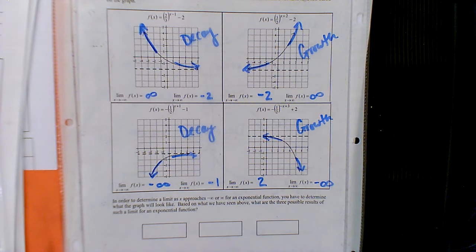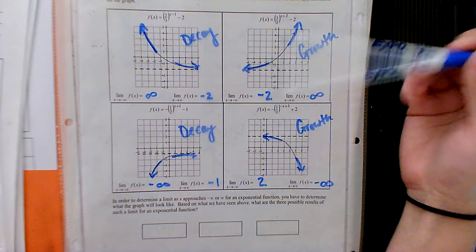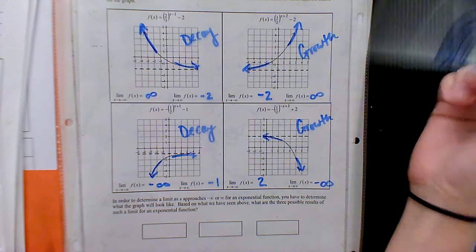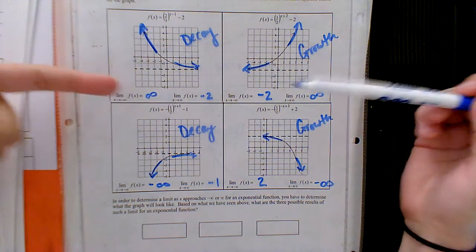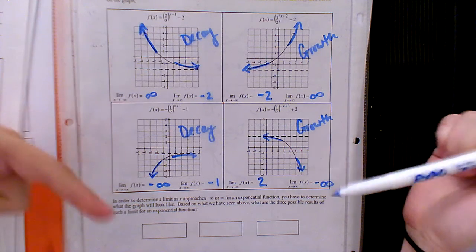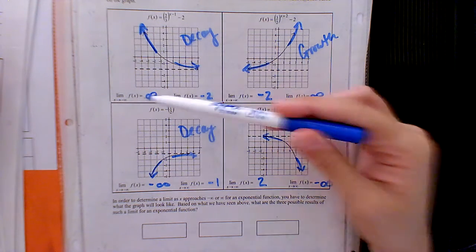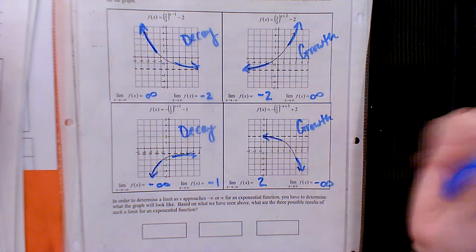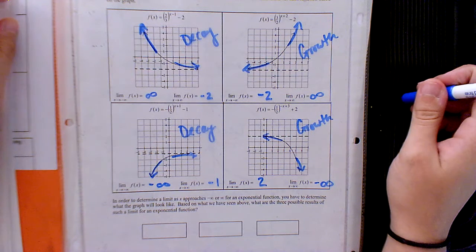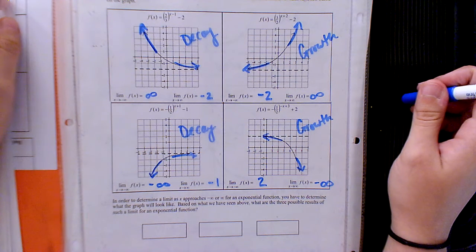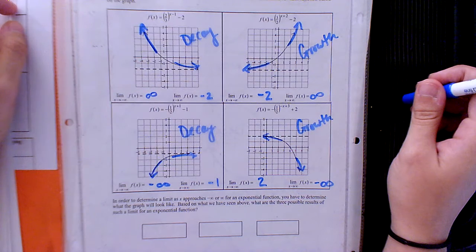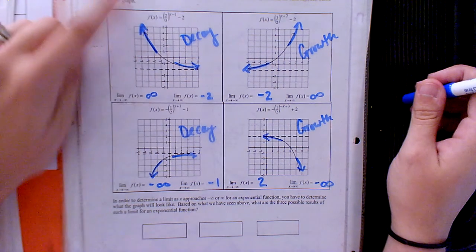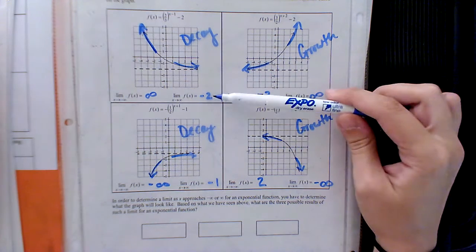All right, so I want you for a second to take a look at these limit statements. We were only looking at the end behavior, going all the way to the left and all the way to the right. How would you classify these outcomes? Take a look at all of the answers. What do they represent? Limits. What does the infinity represent? We go up to the left.